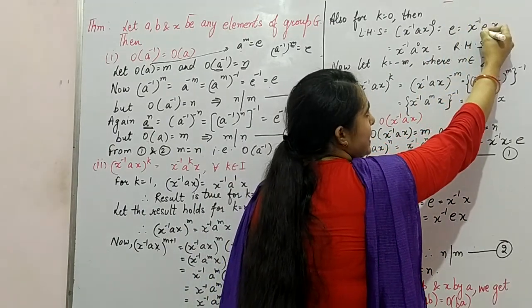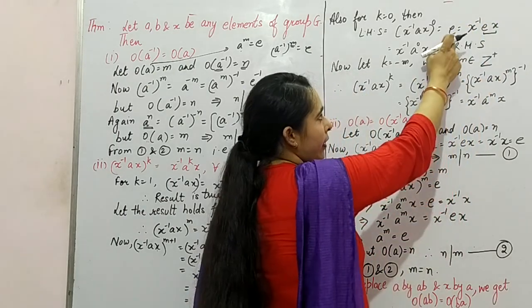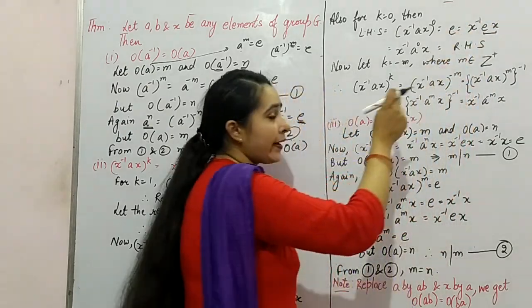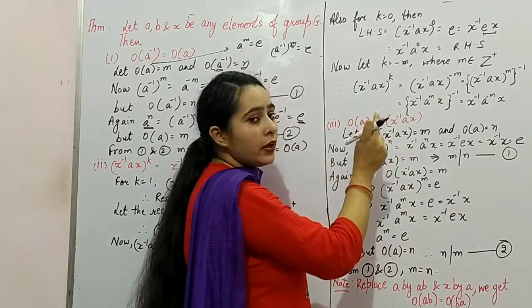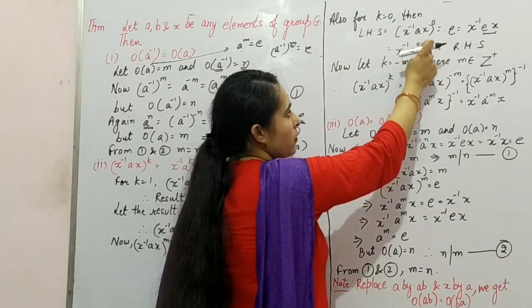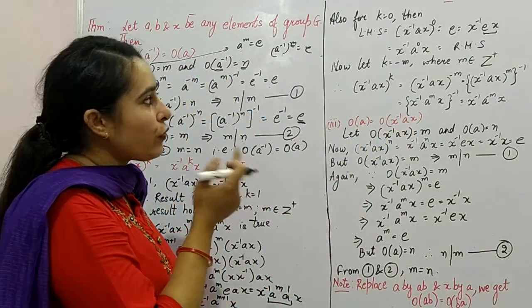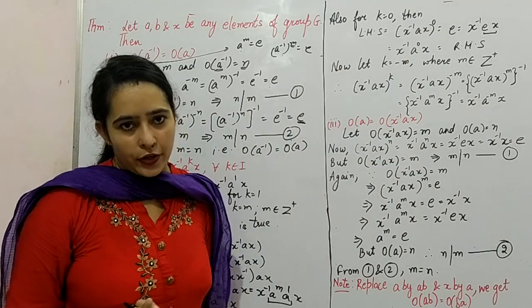Because ex is x, x⁻¹ into x is identity. So I can write identity as x⁻¹ex. Now e can be written as a raised to the power 0. So we can write x⁻¹a⁰x, which is equal to the right hand side. So for k is equal to 0 also the result is satisfied.